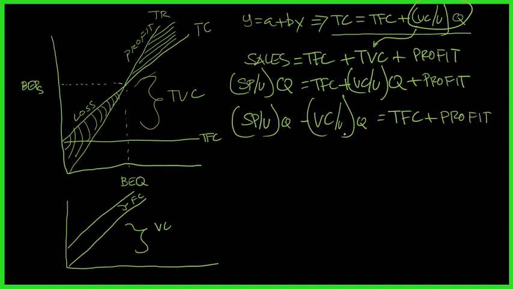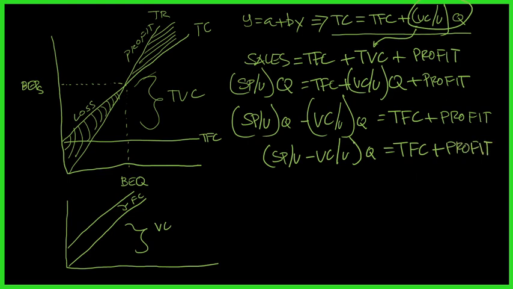This one, you can simplify this further, no? You have your selling price per unit minus variable cost per unit, times your quantity, equals total fixed cost plus your profit.